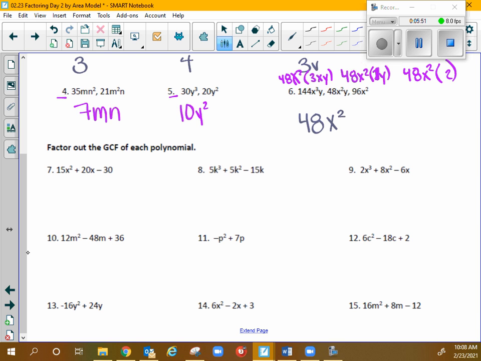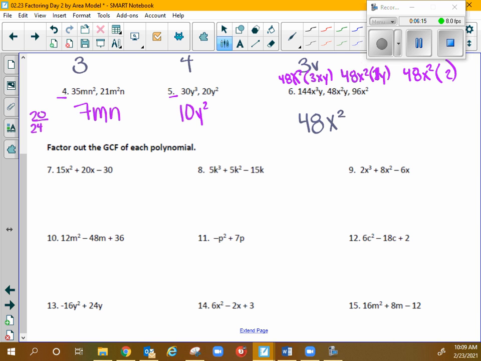Kind of like if you had a fraction, if I had 20 over 24, would I leave it like that? No, I'm simplifying. What I'm doing is I am like reverse multiplying. So I'm factoring, and I'm going to find 2 binomials. Right now, all I'm finding is the GCF if there is one, because that's your first step.